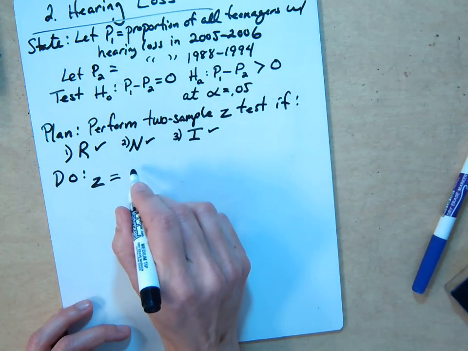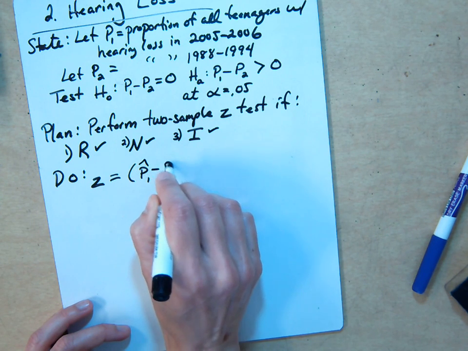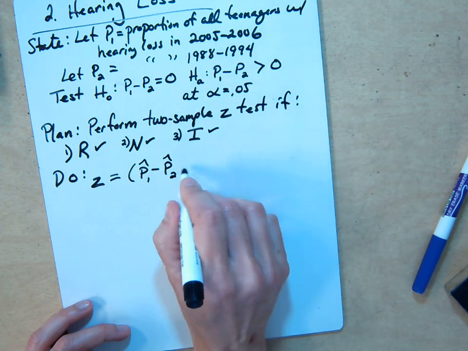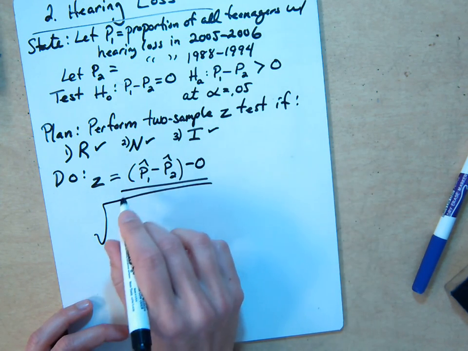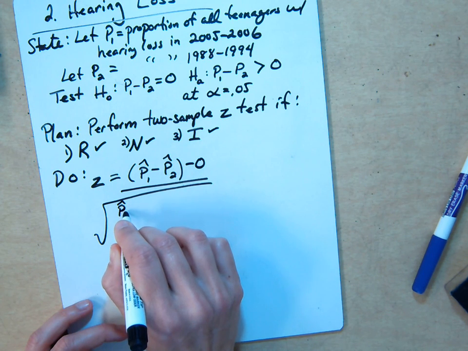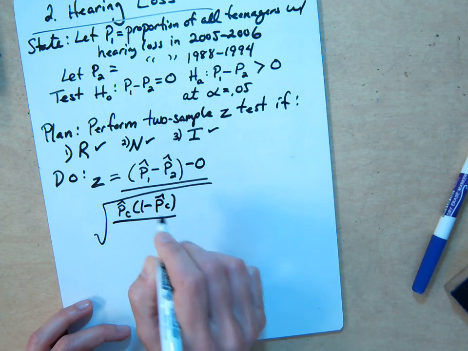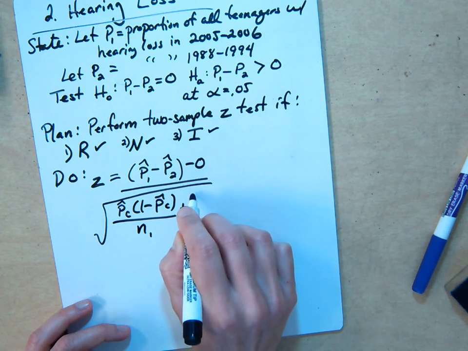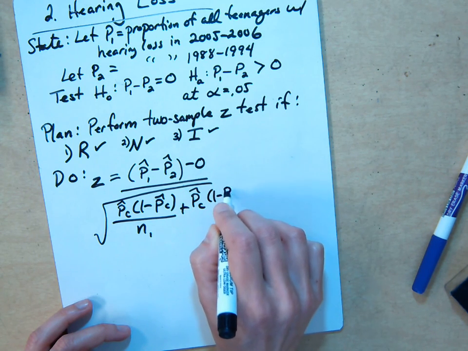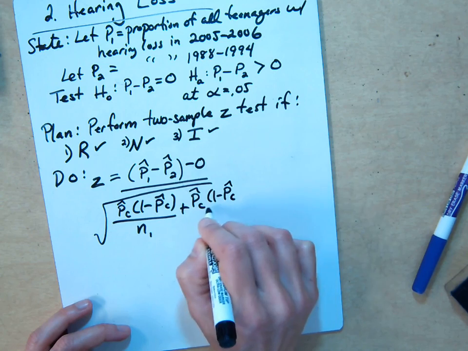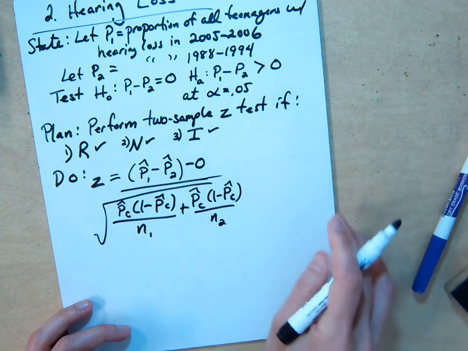So Z equals the difference of the sample proportions minus 0 over, this is from your notes, the square root of the pooled proportion P sub C times 1 minus P hat sub C over N sub 1 plus P sub C times 1 minus P sub C over N sub 2. So when we use the pooled proportion, it's the same for both of these fractions.